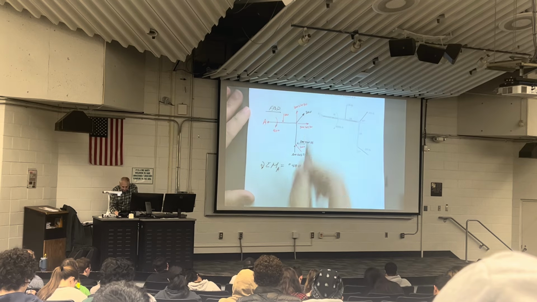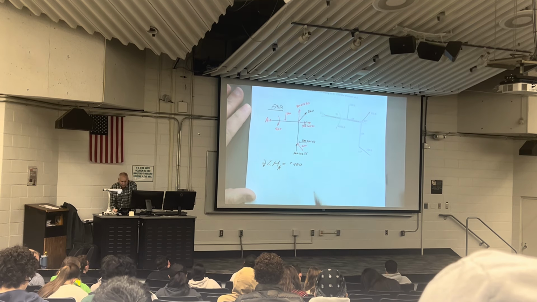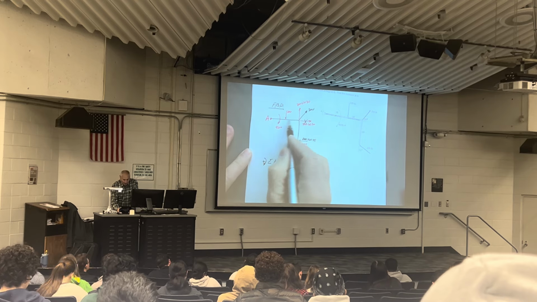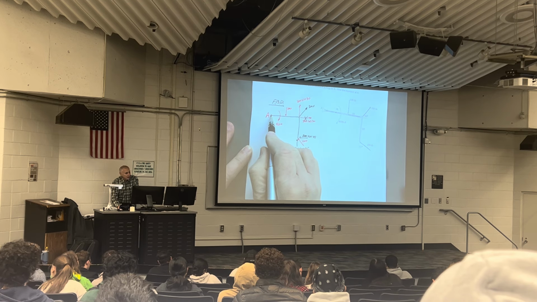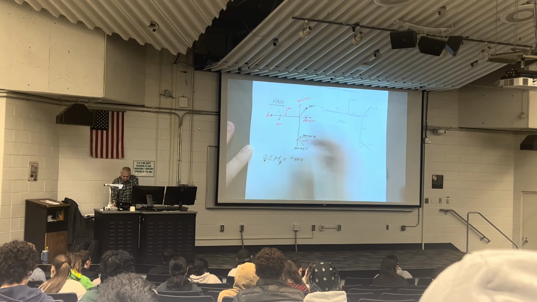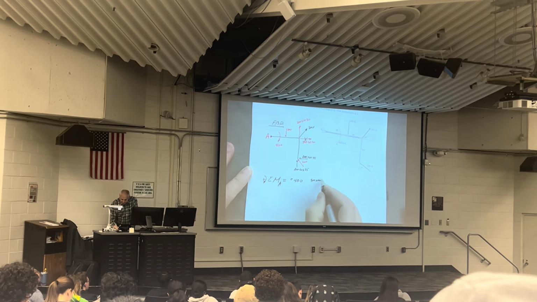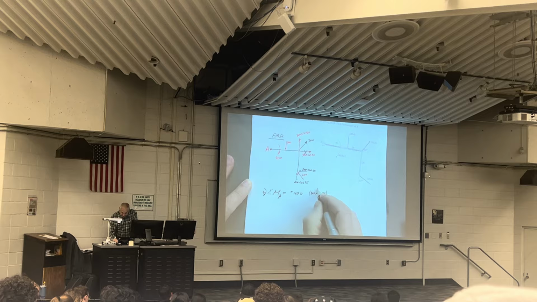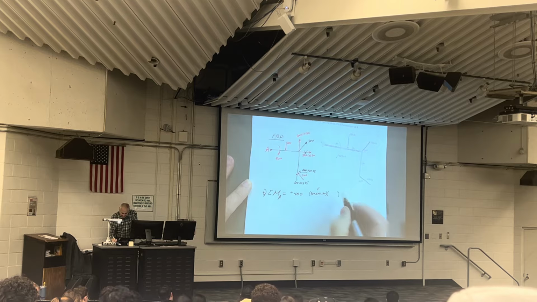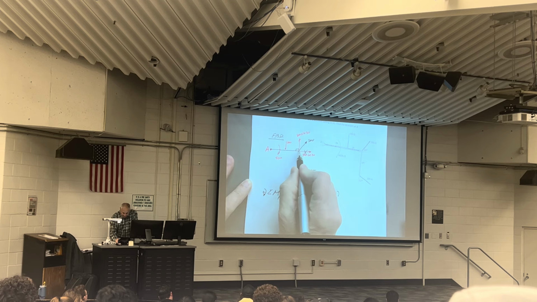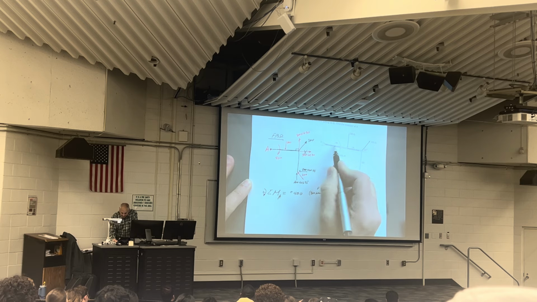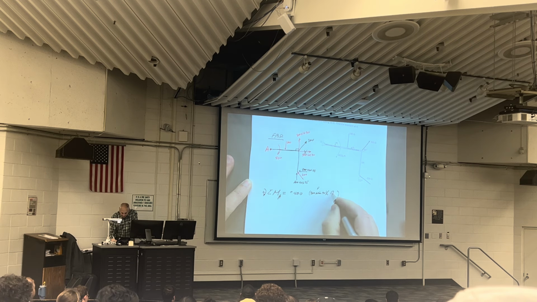Alright, next. This guy's creating no moment through A. Why? Because its line of action goes through A. There is no D. Next, I've got 300 sine 30. That's the force. I need a distance, perpendicular distance from here to here, and that would be 7 plus 5, 12.